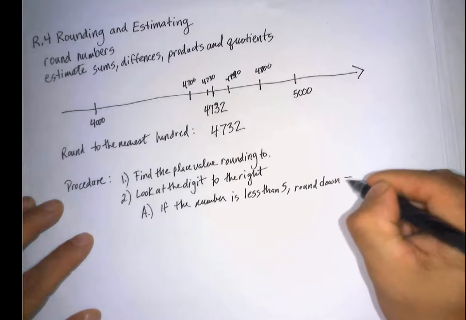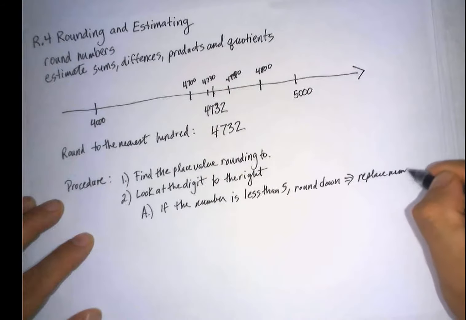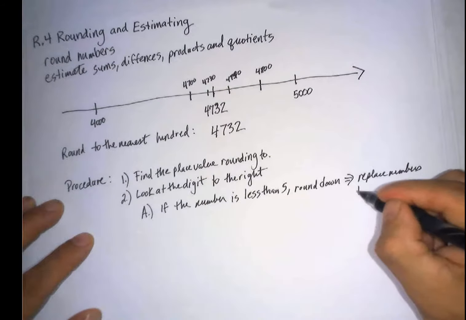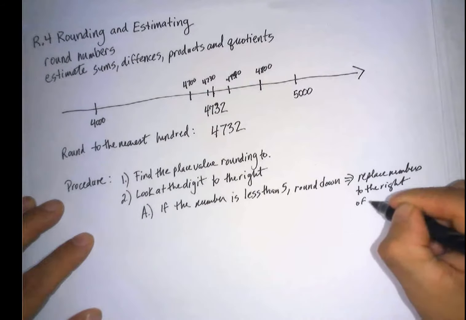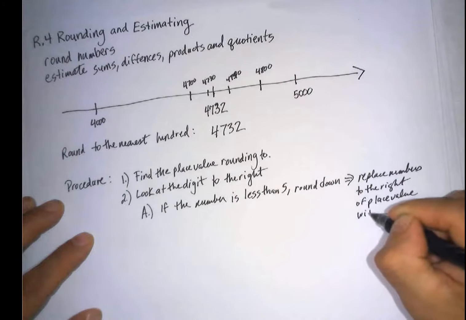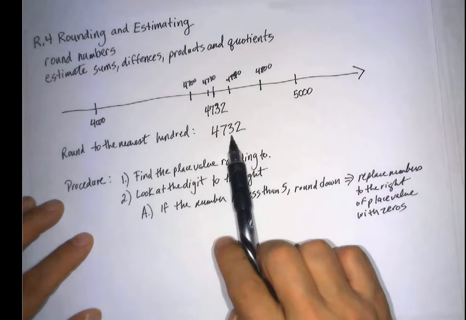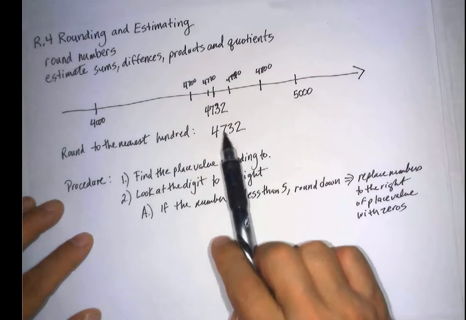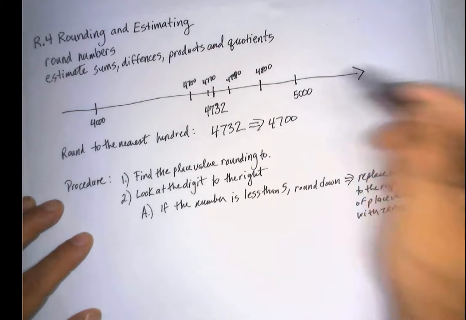That means replace numbers to the right of the place value with zeros. So this number 3 is less than 5, so we're rounding to the hundreds place. When we round down, this is going to become 4,700. We just simply round down like that.